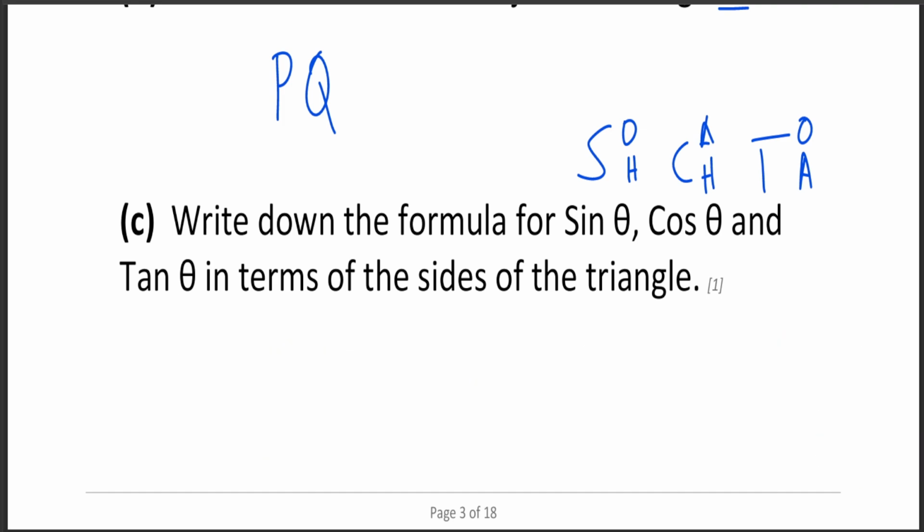So looking here at sin, let's start with the sin one.